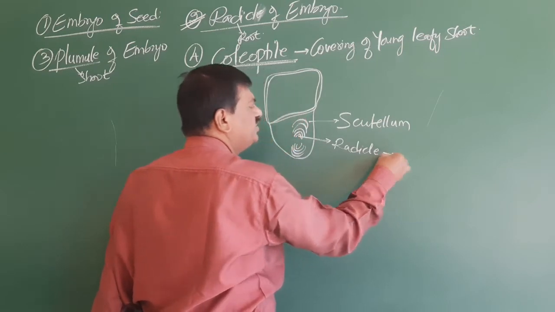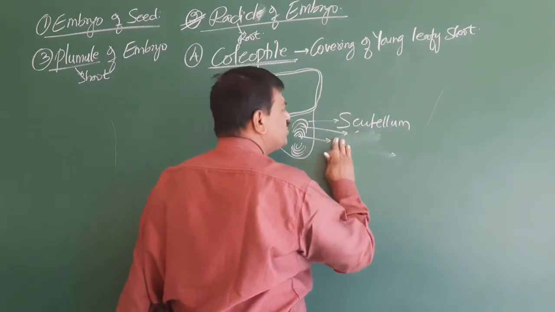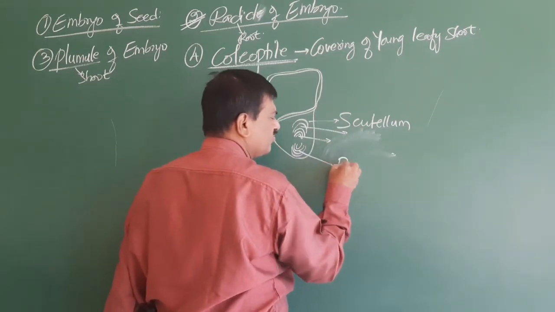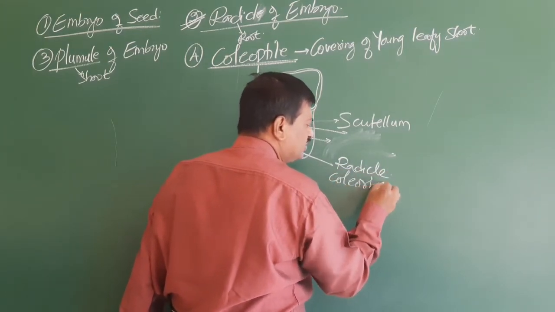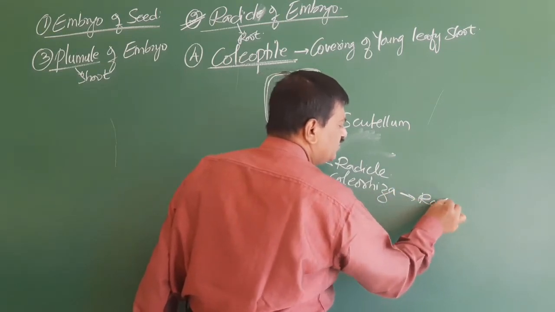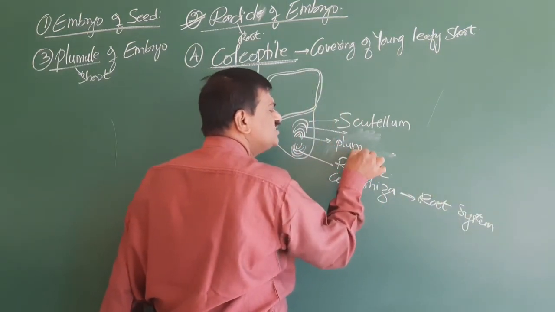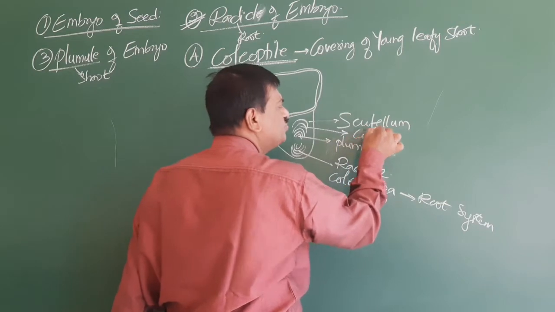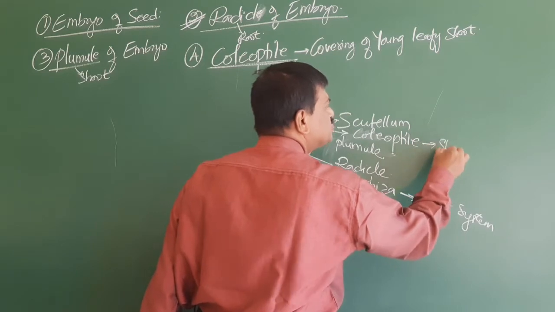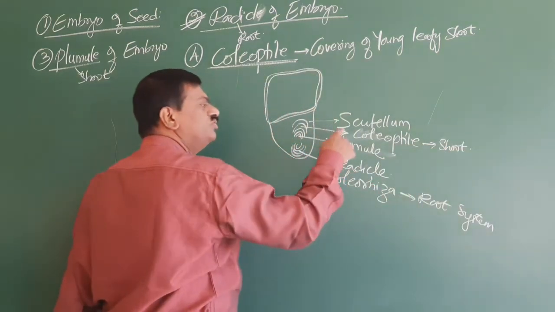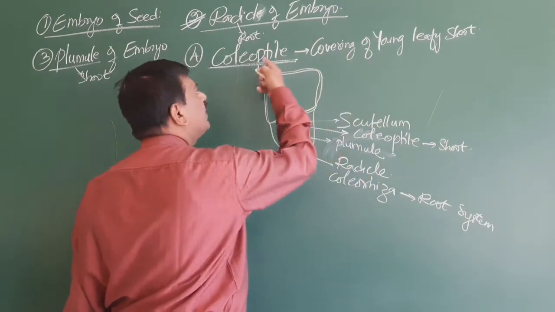This radicle gives rise to coleorhiza, and this coleorhiza gives rise to the root system. This upper part is called plumule. The plumule gives rise to coleoptile, and this coleoptile gives rise to the shoot system. So the covering of the leafy shoot, which is the covering of the plumule, is called coleoptile.